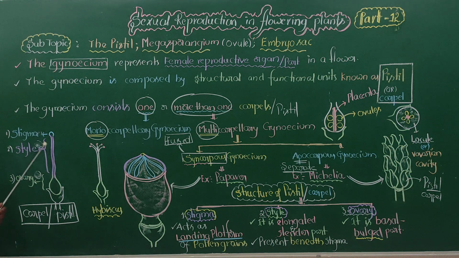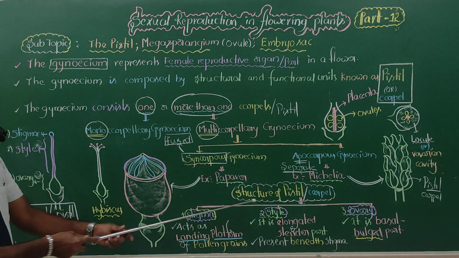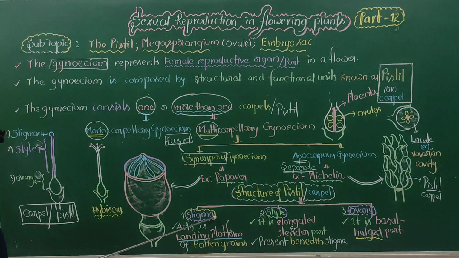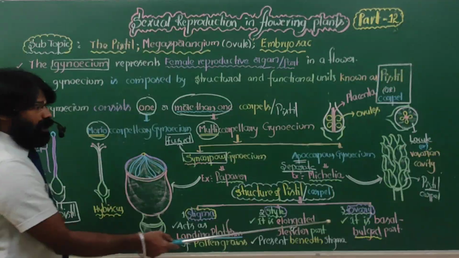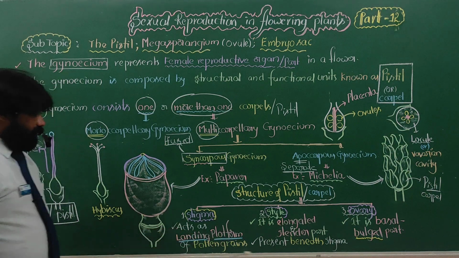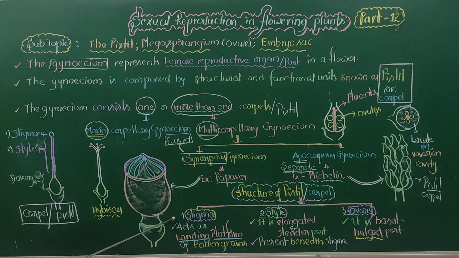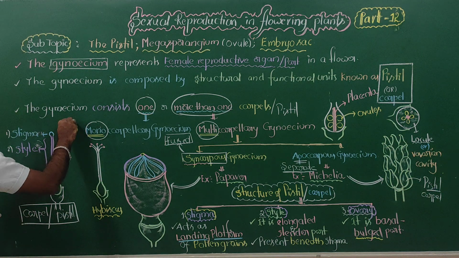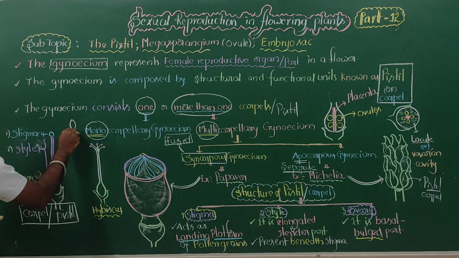Now what are their functions? We will come to that tomorrow. The structure of the pistil or carpel is composed of three parts, that is the stigma, style and ovary. What is the function of the stigma? Very important competitive question. The stigma acts as the landing platform of pollen grains. As you know, this is the anther.